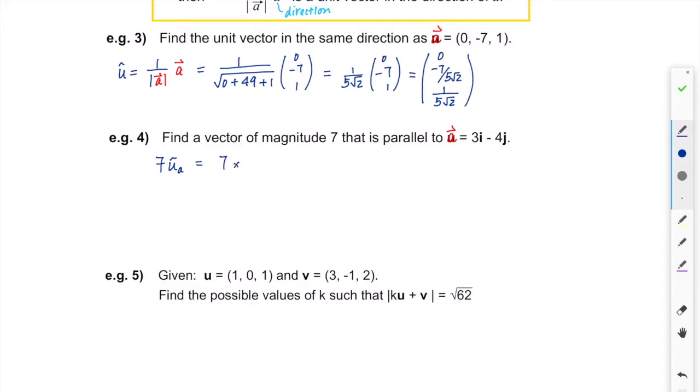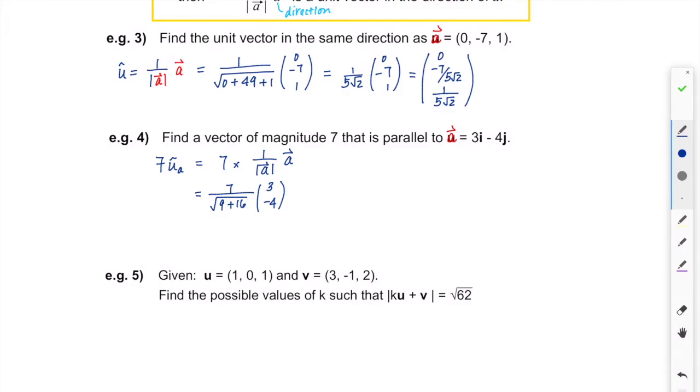So 7 times 1 over the magnitude of A times the vector A. So what do we have here? 7, 3 squared is 9, 16, and then 3 and minus 4. So obviously we're going to have 7 over 5 times 3 and negative 4 as a vector.